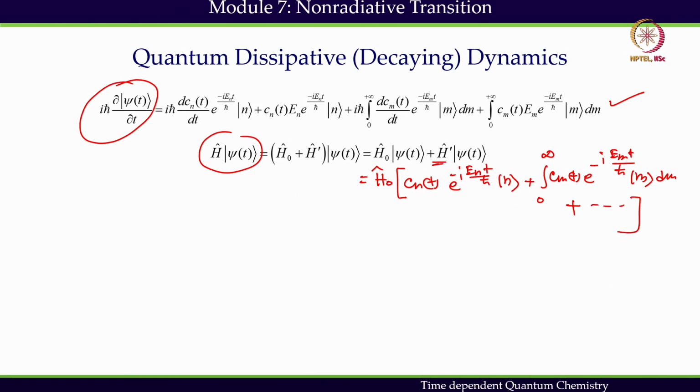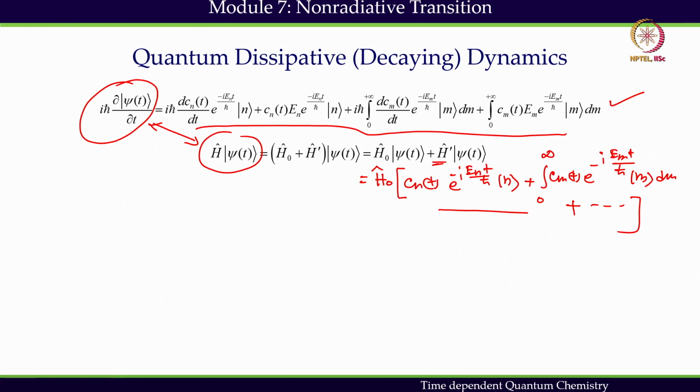And if we do that, then finally, because it's a TDSE, we have to equate the left hand side and right hand side. If we equate them, then this part would be equal to this part.